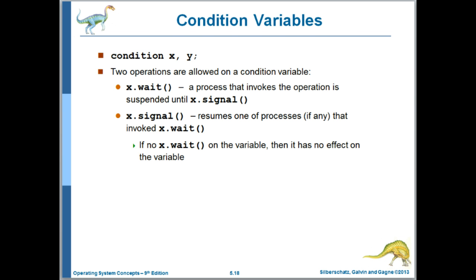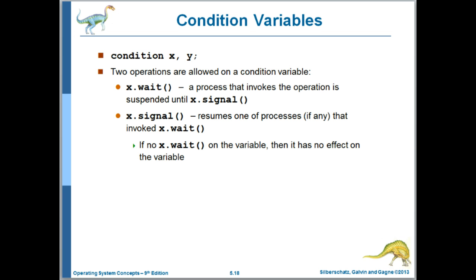As alluded to in an earlier slide, there are some synchronization situations that monitors can't handle on their own. So condition variables are a mechanism for handling such situations. For example, if we used a monitor to solve producer-consumer, and the producer is executing the produce method and suddenly discovers that there are no buffers empty, in some sense we don't want the producer to leave that method and leave the monitor.